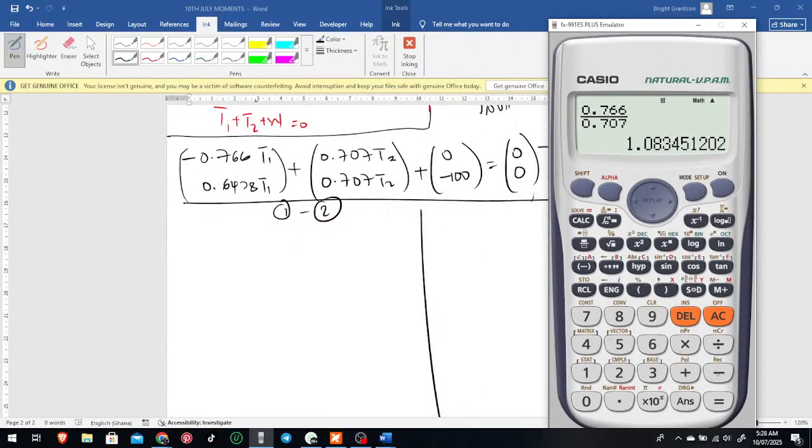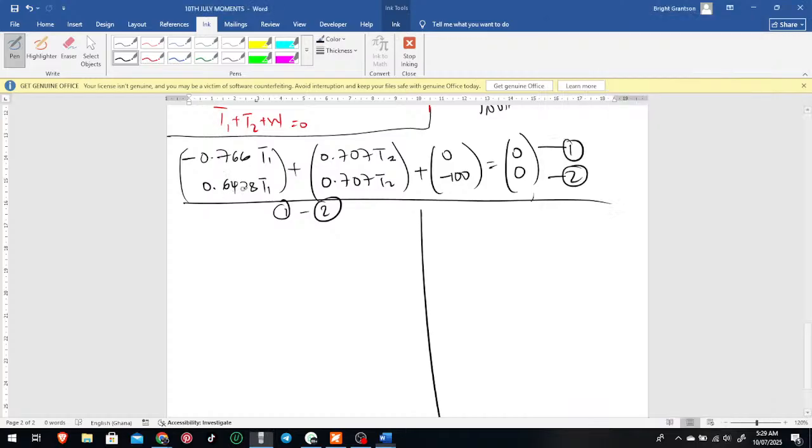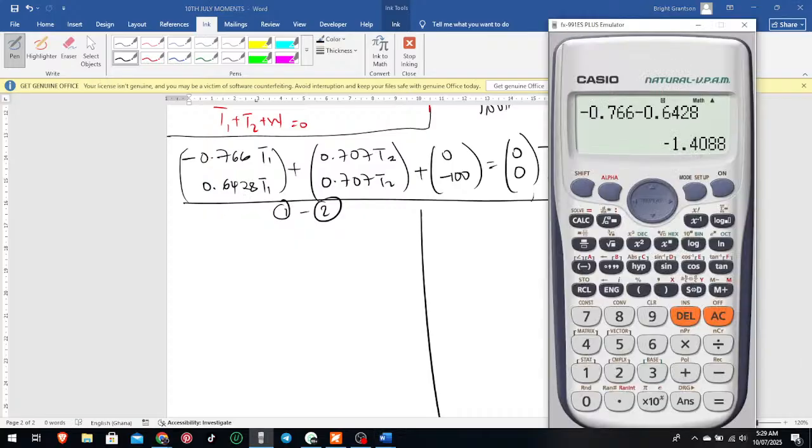So negative 0.766 minus 0.6448. All four is something. Negative 1.407.